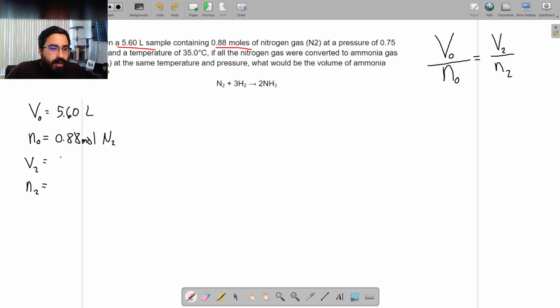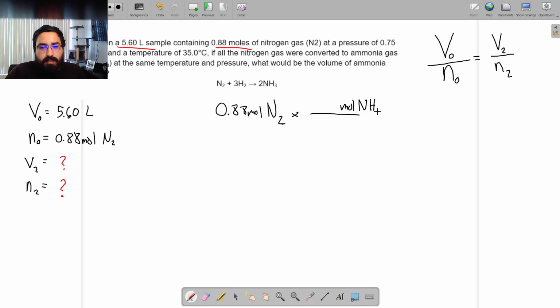But we don't know either one of these. So let's find the moles first because we have our balanced chemical equation. So 0.88 moles of N2, well, we want to turn that into moles of NH3. So moles of NH3 are going to go on the top because that's what we want to figure out. And then we are trying to get rid of our moles of N2, so that's going at the bottom.